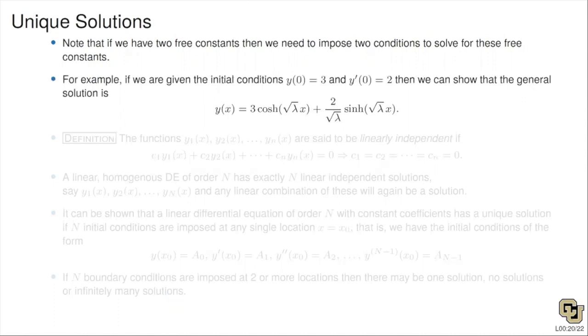So in the previous ODE, we solved y of x equals c1 e to the square root of lambda x plus c2 e to the minus square root of lambda x. So c1 and c2 are two free constants. Now if we're given two pieces of information about y or about y prime, the information can be given in different forms.